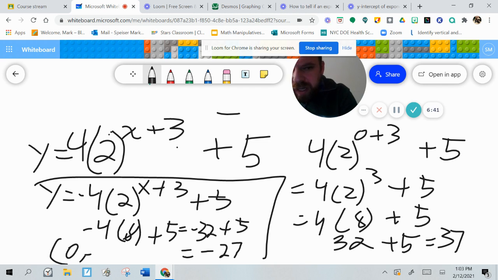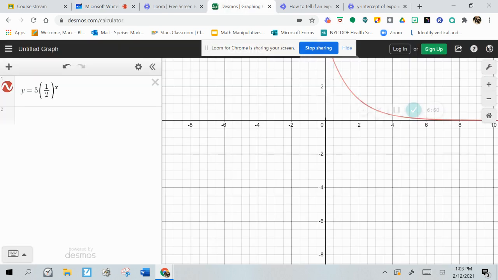Negative 27 is your y-intercept, here it will be (0, 37). Let's look at the graph of both of these and watch what happens.